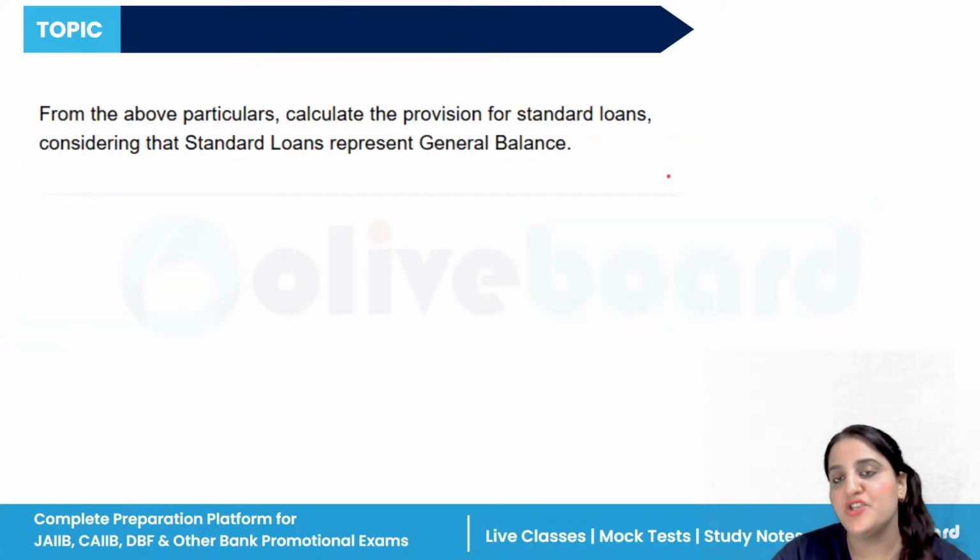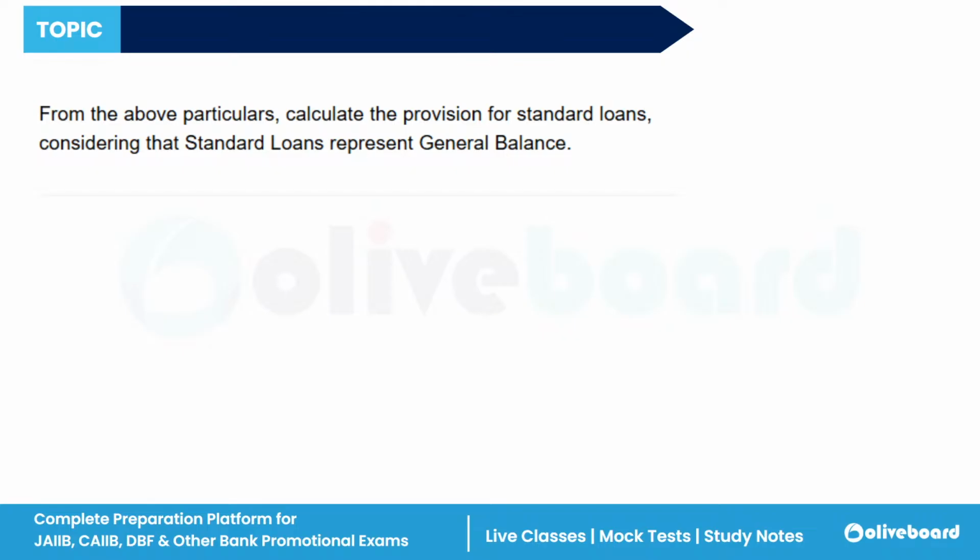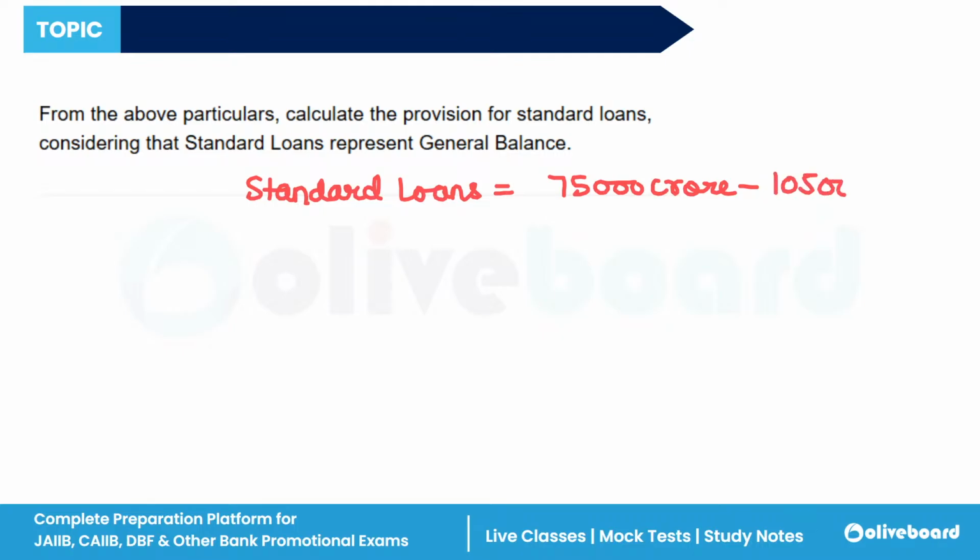Now calculate the provision for standard loans, considering that standard loans represent the general balance. See, standard loans formula: total advances 75,000 crore minus gross NPA we calculated, 10,500 crore, which is equal to 64,500 crore. So now we have to apply the provision here.